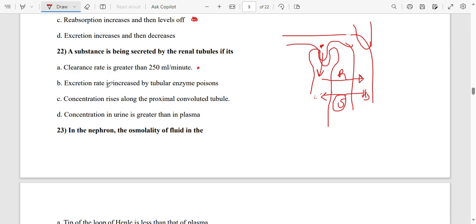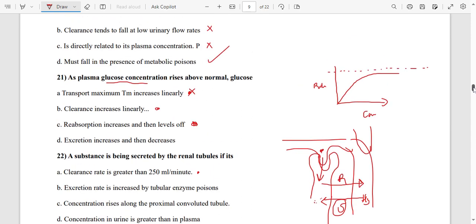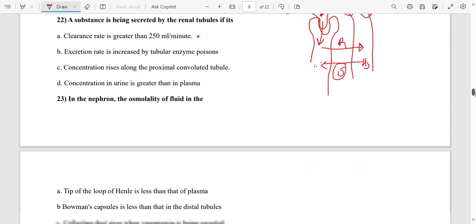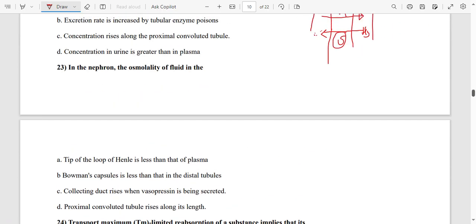Excretion rate is increased by tubular enzyme poison. Excretion rate is increased. Okay, what did we say about the poisons here? Clearance of a substance must fall in the presence of poison. So poison drops clearance.